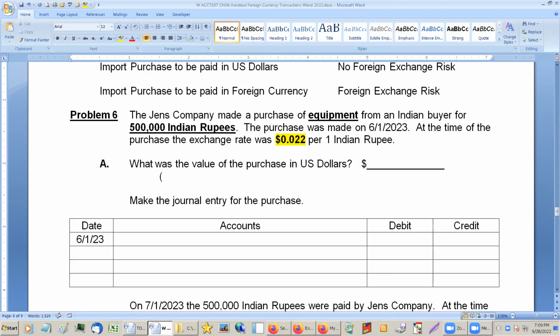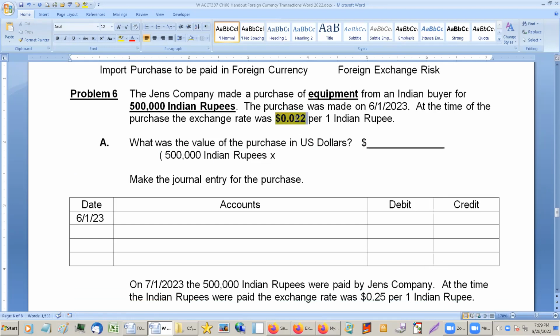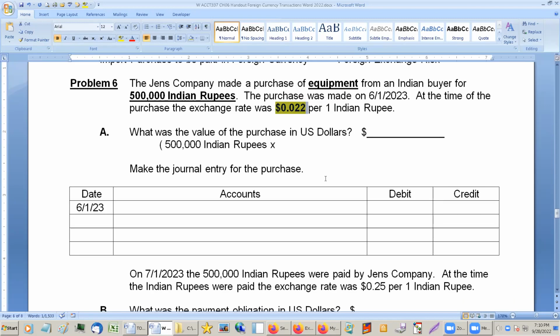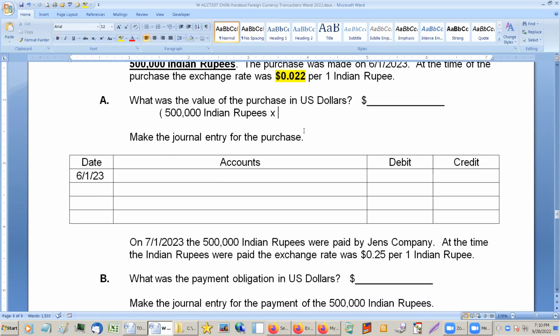So kind of like we just got to get a value for this. 0.022. $11,000.